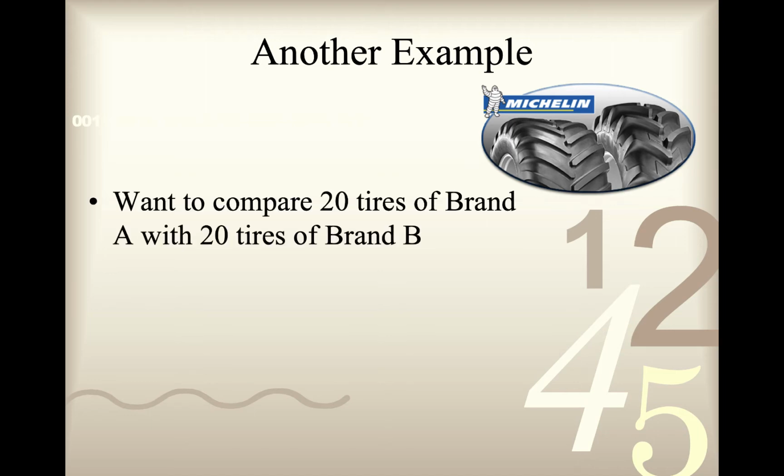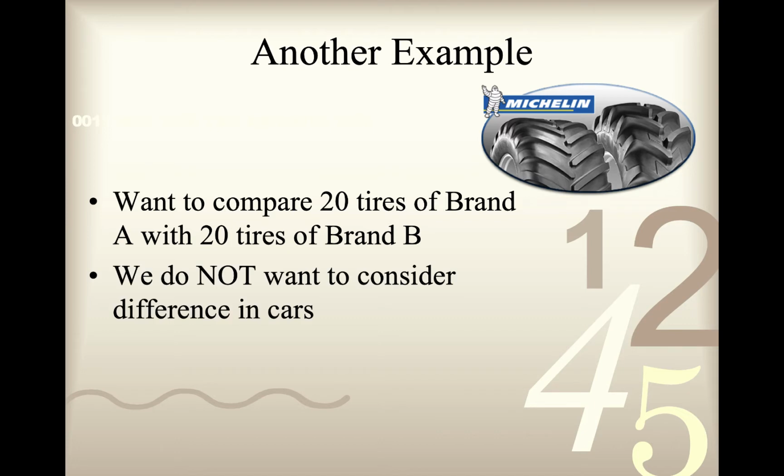All right, let's say we want to compare 20 tires of brand A with 20 tires of brand B. All right, so what do we want to do here? We do not want to consider the differences in cars, right? A lightweight sports car is going to wear tires very differently than, say, a very large truck.